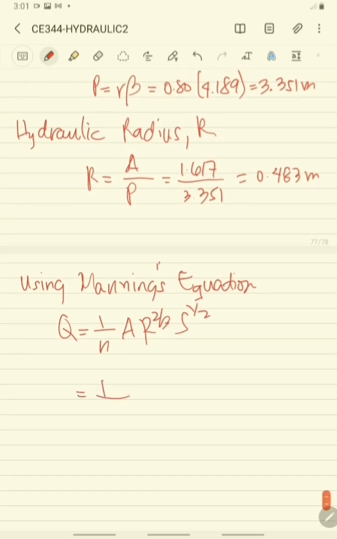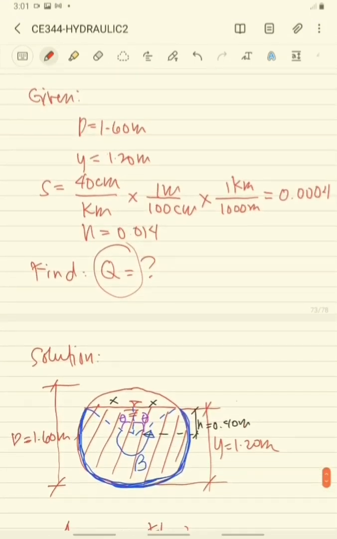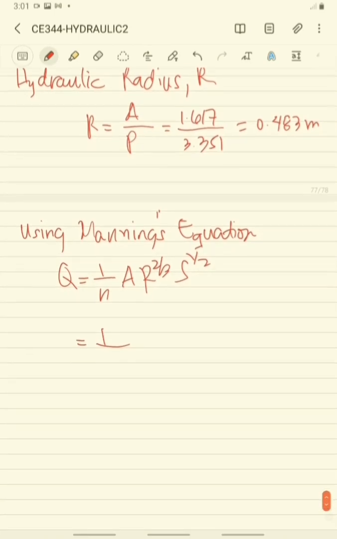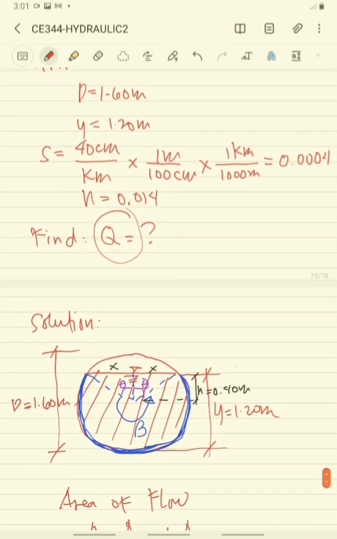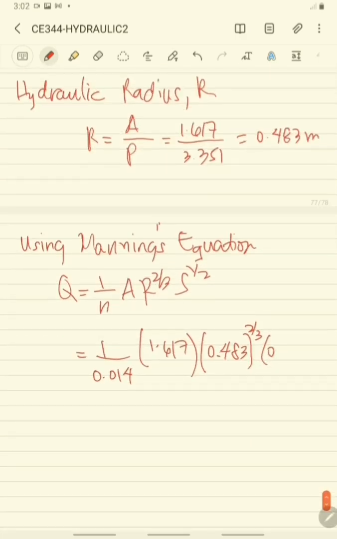The n value is 0.014, the area of flow is 1.617, R is 0.483 to the 2/3, and the slope is 0.0004 to the 1/2.